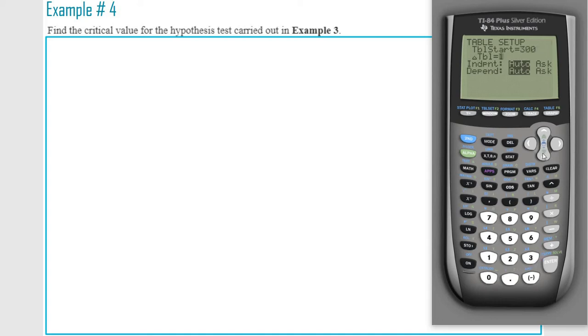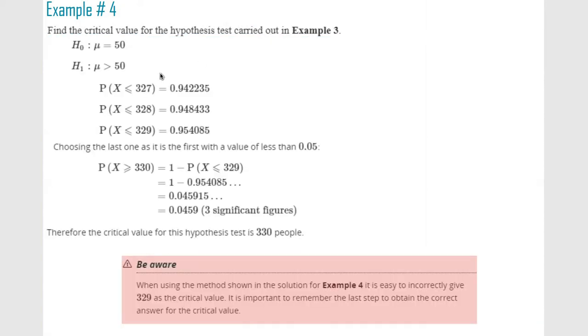I think that was our expected, or 324. Isn't that our last answer? Okay, it doesn't matter. Let's just start it. So let's look at our table. That takes a second.